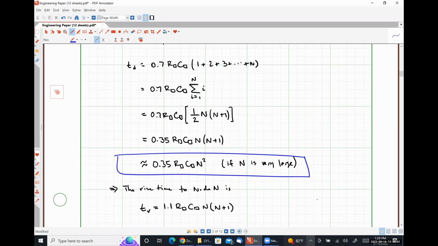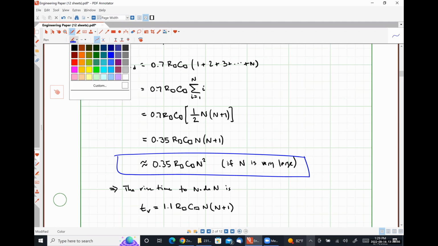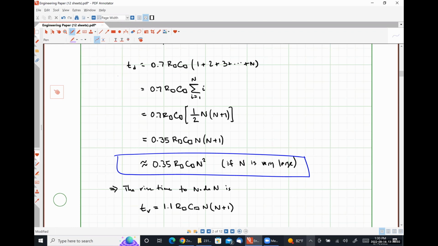So we have our delay time is approximately 0.35 times R square times C square times N, the number of squares, squared. If we broke this up, let's do it in light purple, because I'm just trying to see how many markers I can make him pull out of his bag.